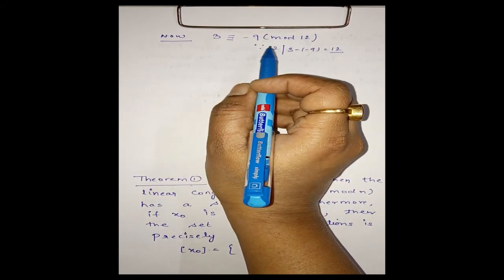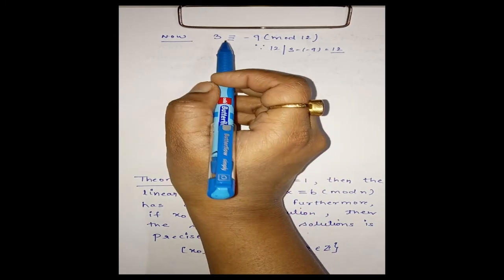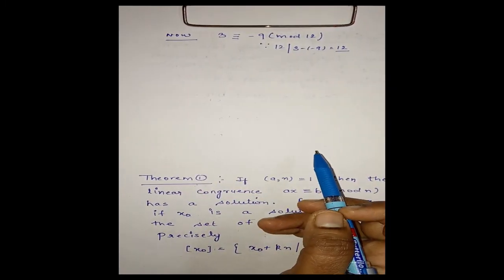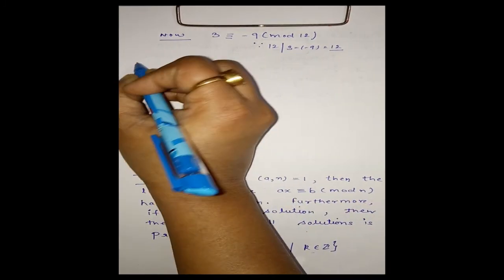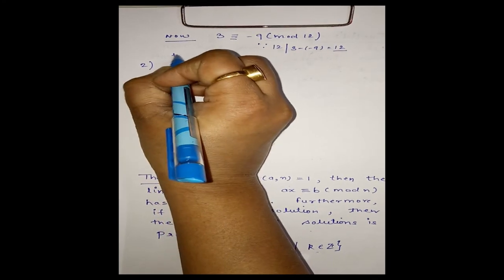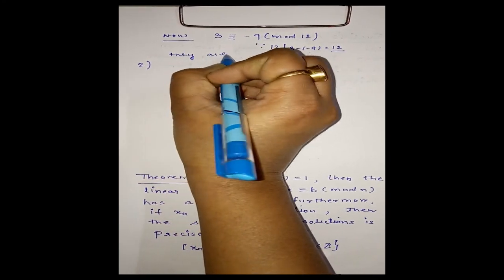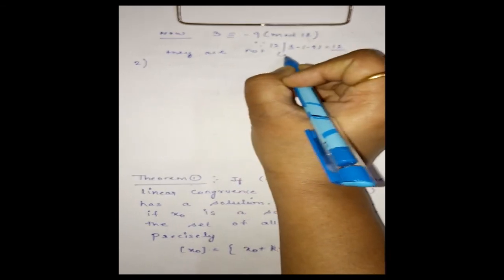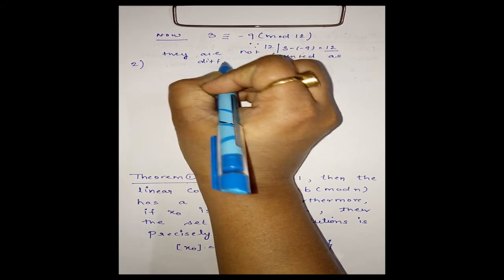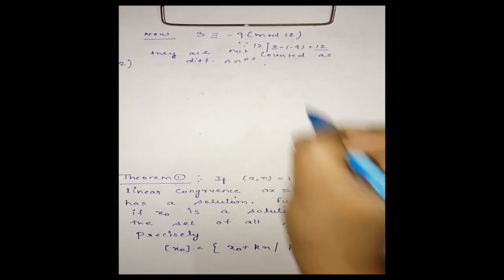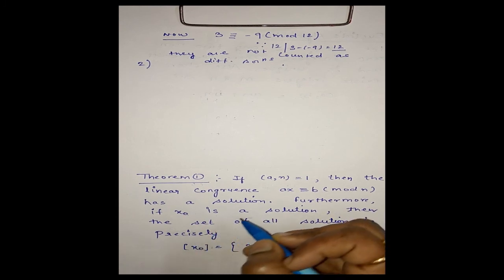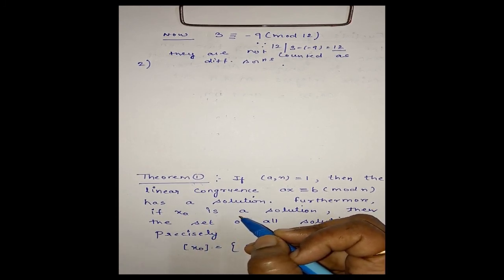That means these two are treated as the same solution, not different solutions. We will not count them as different solutions. 3 and minus 9 are treated as the same solution since 3 is congruent to minus 9 modulo 12.